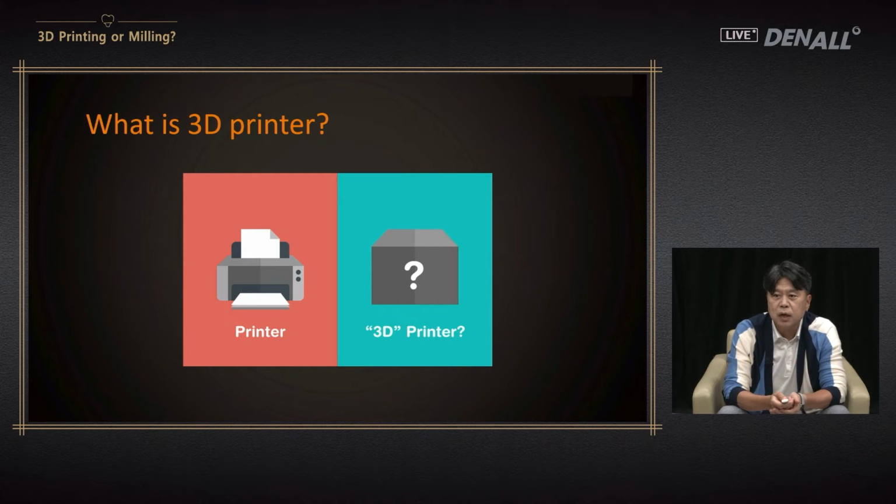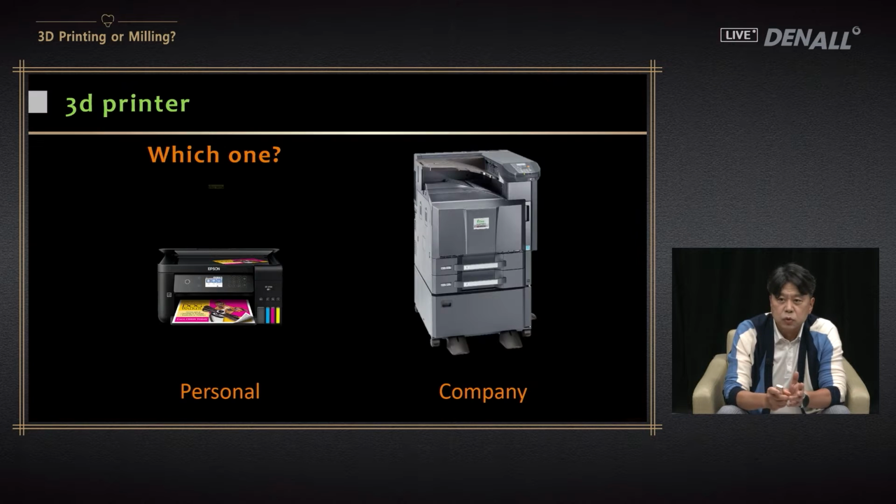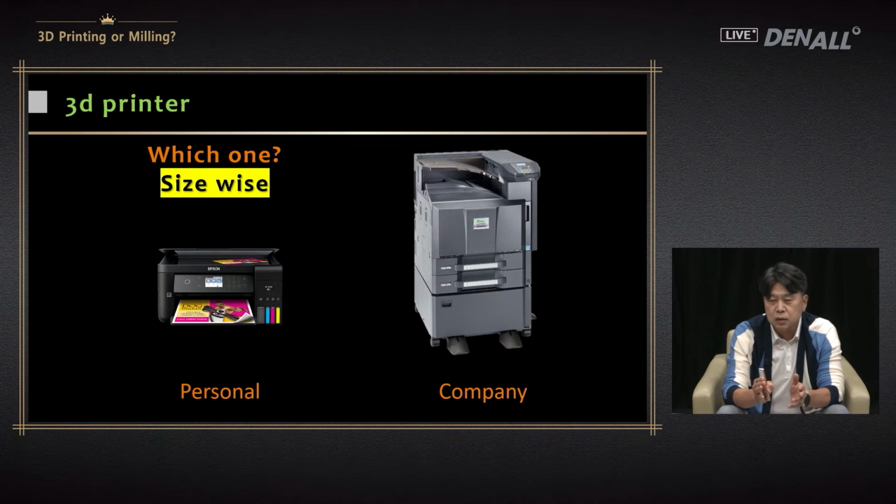What about 3D printers? Three-dimensional objects can be created or printed, and there are different types of them, usually based on the size. The small one in 2D printers, on the left you have the small size personal printer, and on the right a big one used by businesses and schools for large volume printing.